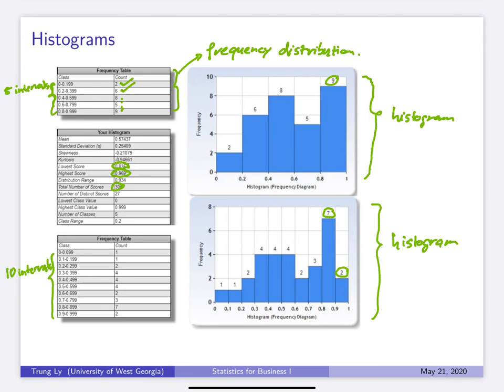So having more intervals gives us a better idea of how the data points are distributed. Now, these intervals are typically called bins. So in the first frequency distribution, we have 5 intervals corresponding to 5 bins, and in the second, we have 10 intervals, so there are 10 bins.